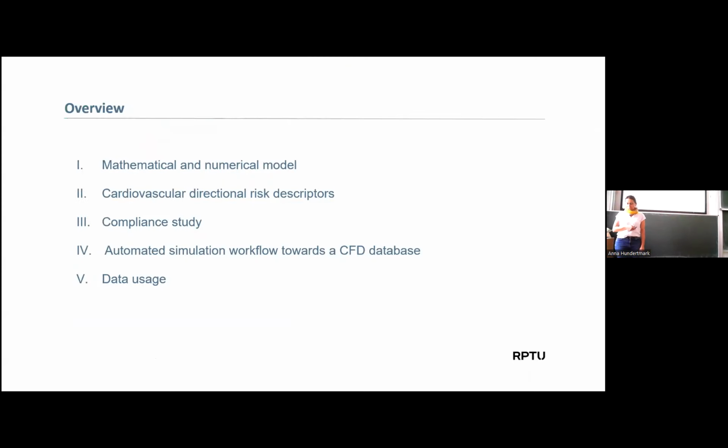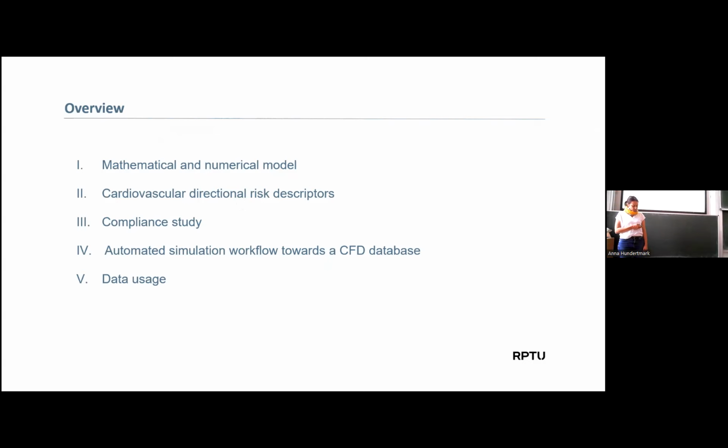I have a couple of topics today. Let's see which of them we manage, I have about 60 minutes. I start with the mathematical numerical model, a little bit about numerical convergence, experimental convergence. Then I would like to say something about the modeling of these risk descriptors in patient-specific situations.